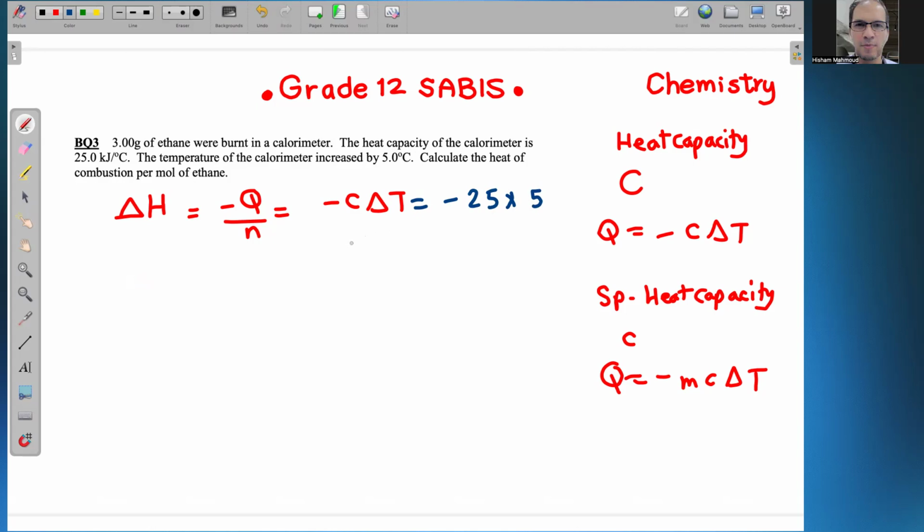So C multiplied by delta T, over the number of moles. And the number of moles we get the same exact way as last time.